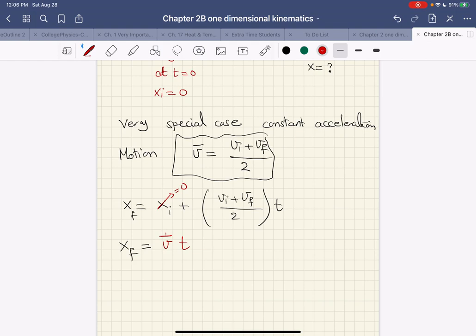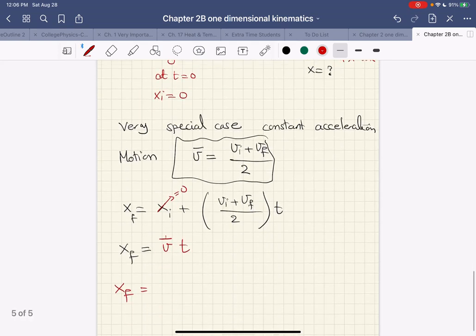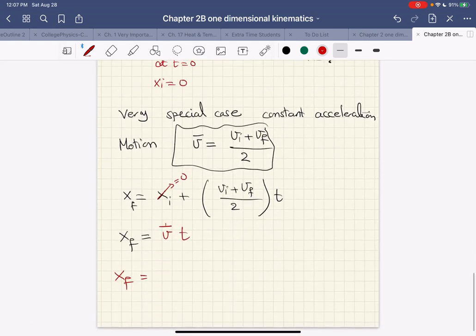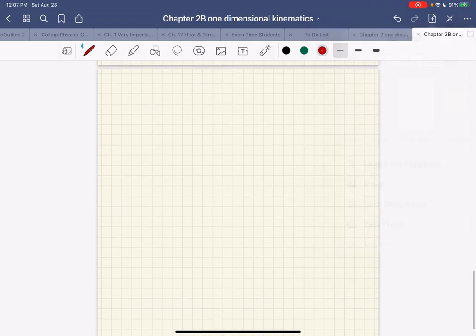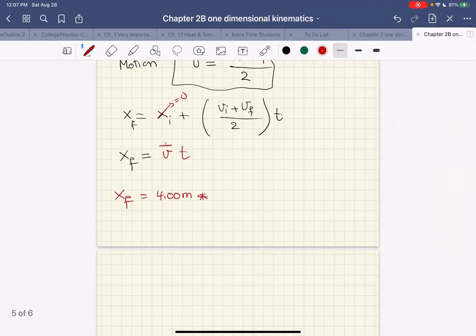Okay, I know that the average velocity was 4 meters per second. I know that the time that was taken is, I think, 2 minutes. Then I will say 2 minutes times 60.